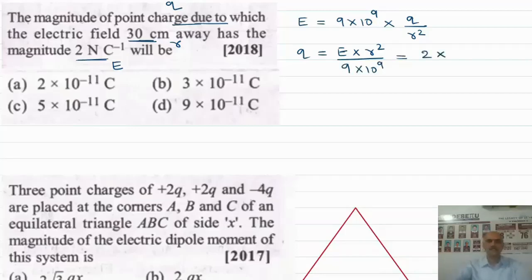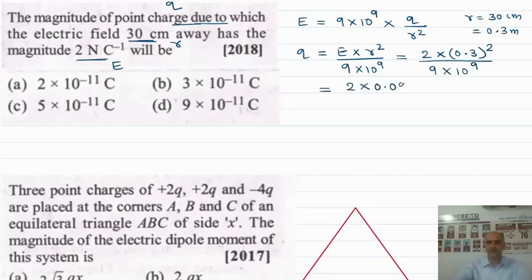R square, 30 centimeter, convert it into meters. So here R is equal to 30 centimeter. Converting to meters, we will have 0.3 meters. So 0.3 bracket square divided by 9 into 10 raised to 9. If I simplify this, 2 into 0.3 square will be 0.09 divided by 9 into 10 raised to 9.